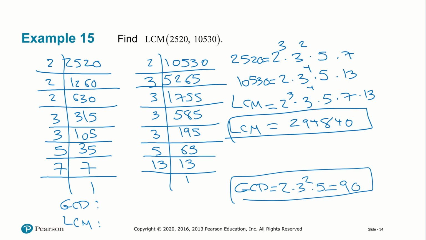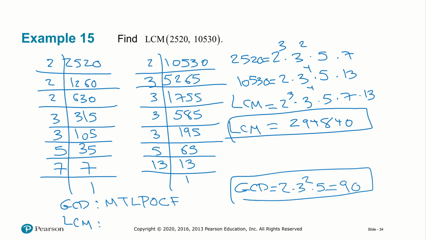And remember, both of the procedures that I'm going to mention here are after we have found the prime factorizations, right? So once you have found the prime factorizations, you're going to multiply the lowest powers of only the common factors.